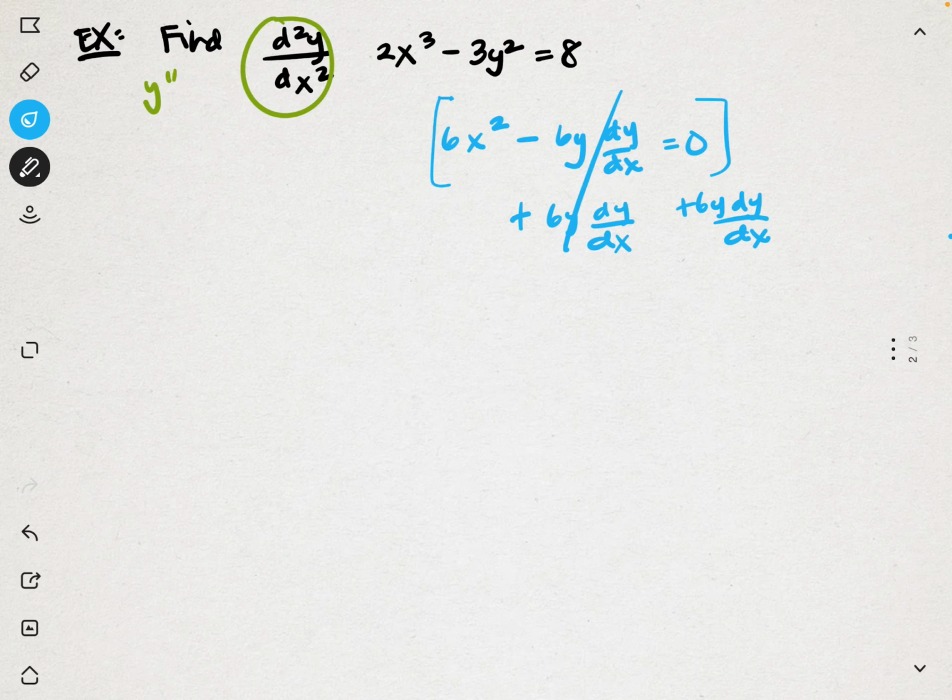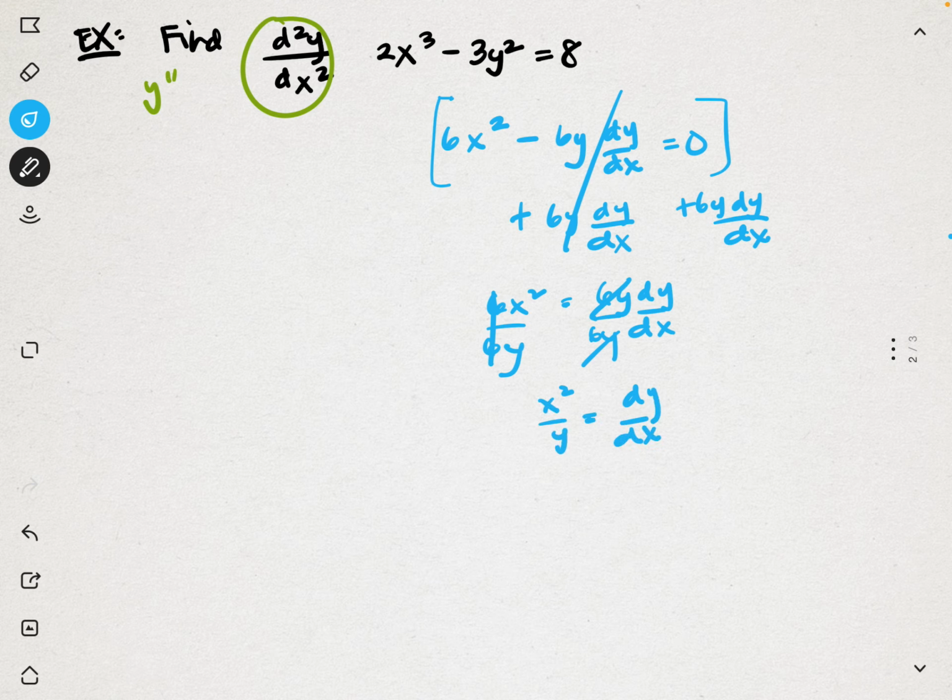So that's gone. And then if we want to get dy dx by itself, because we're trying to find the derivative with respect to x, then we divide by 6y, and actually the 6's cancel out. So the derivative of y with respect to x is x squared over y.